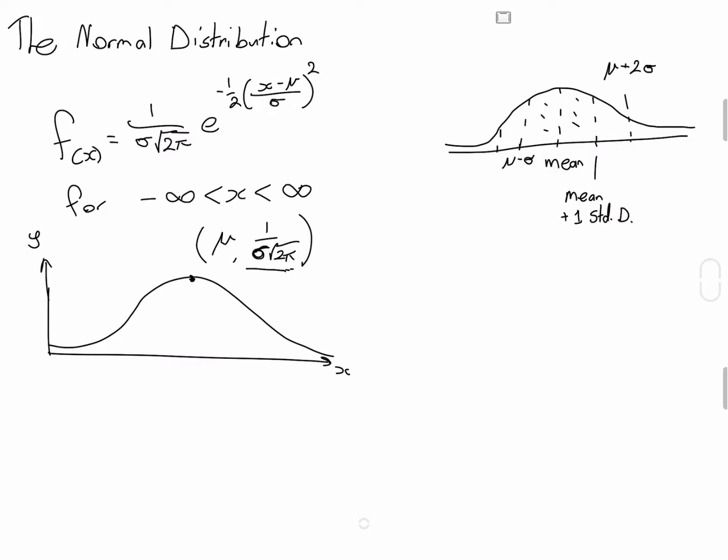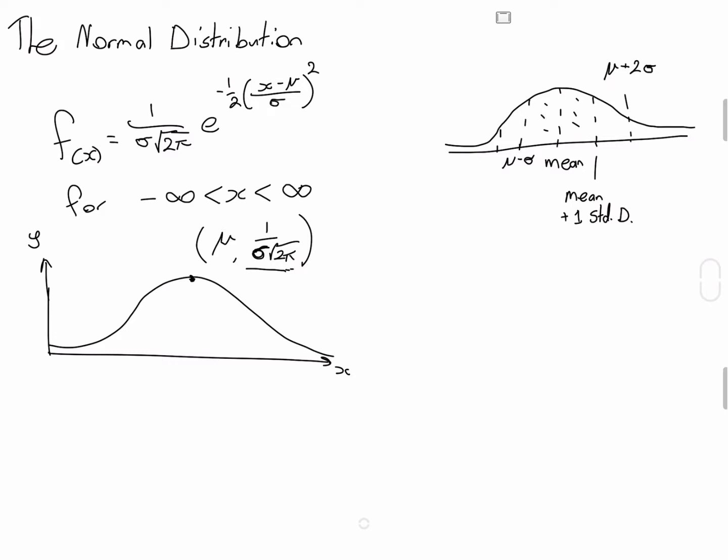So knowing the standard deviation and the mean, we can work out what the height is of our probability density function, or the normal curve.